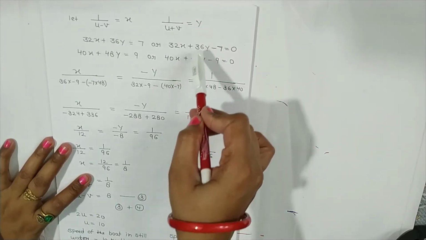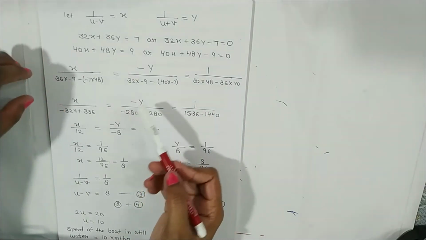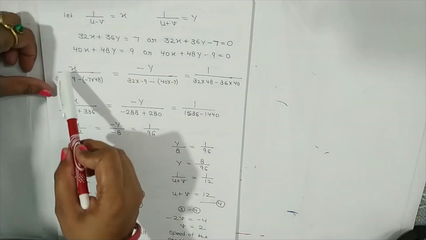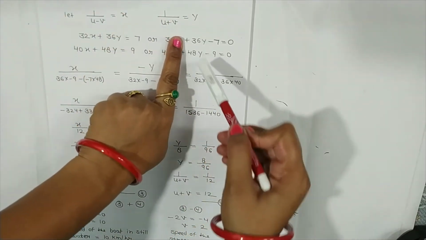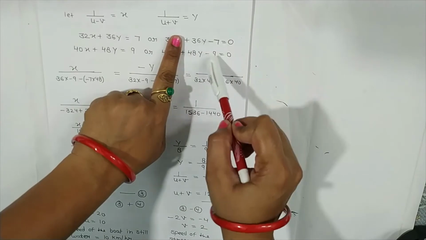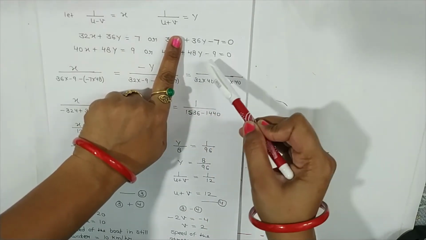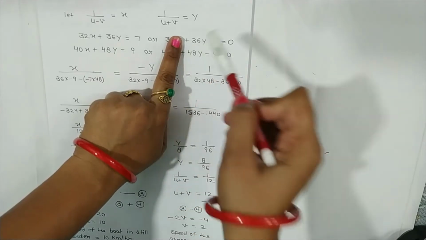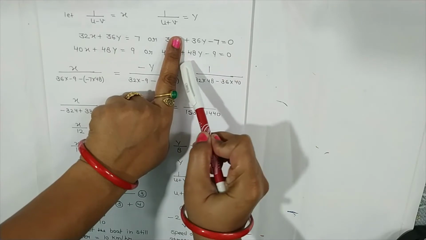Now, we have to solve these equations by cross multiplication. We write x, then hide the coefficient of x, so the coefficient of y and the constants remain. Cross multiply these values: minus 9 into 36, minus, minus 7 into 48.